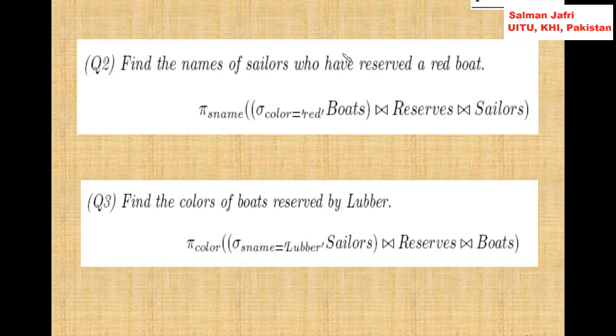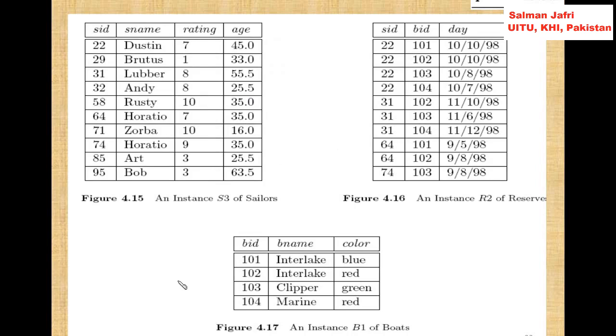So these two rows would be naturally joined with reserves, and then naturally joined with sailors. So we'll have all the rows where red boats have been reserved by the sailors. I invite you as an exercise to write the tuples that would be appearing over here. So we'll have the natural join with reserves, and then we'll have the natural join with sailors. So when this part of the query is executed, what do we have? We have this row selected and this row selected.